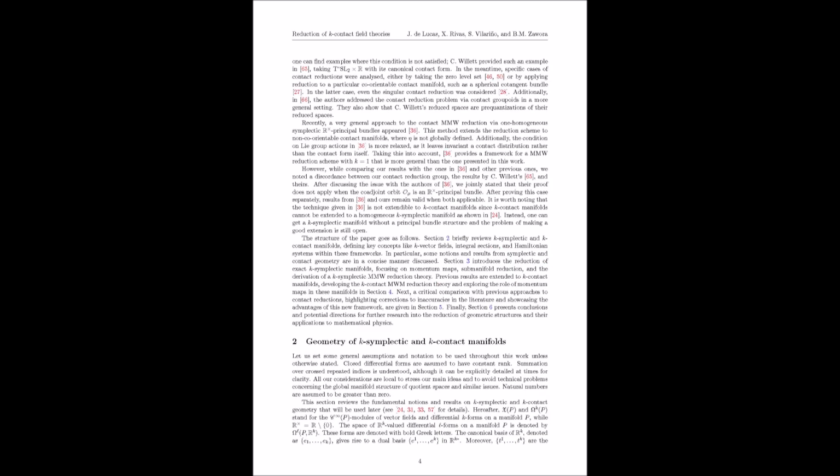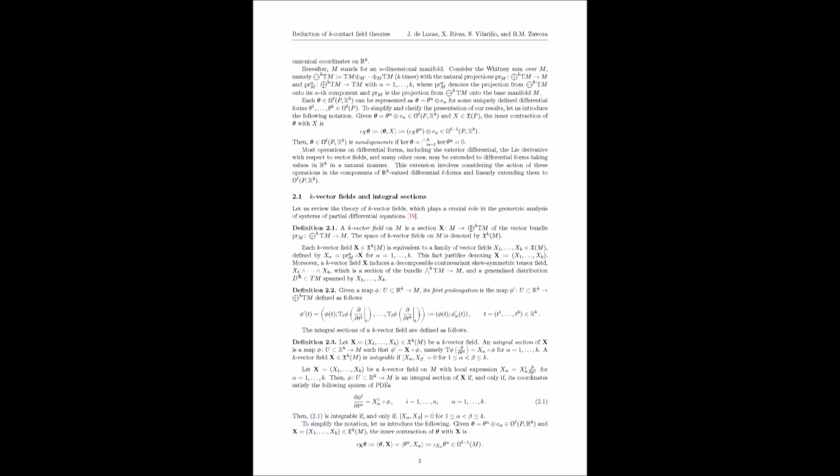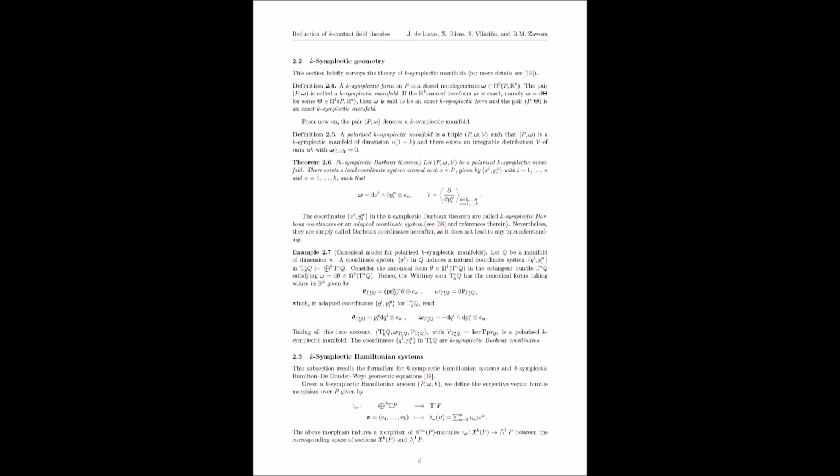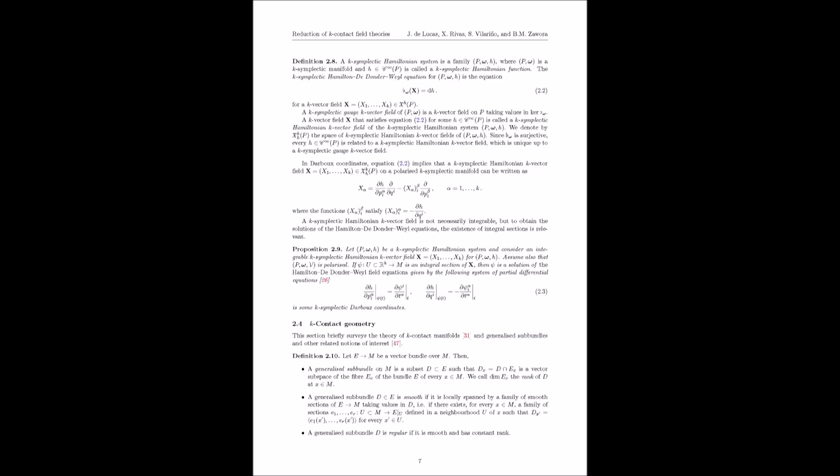For a point t = (t1, ..., tk) in R^k, the first prolongation is defined as a pair. The first part is just the point on the manifold, the position. Right. The second part is a k-tuple of tangent vectors at that point, and these tangent vectors are obtained by taking the tangent map of φ at t, and applying it to the standard basis vectors in the tangent space of R^k at t.